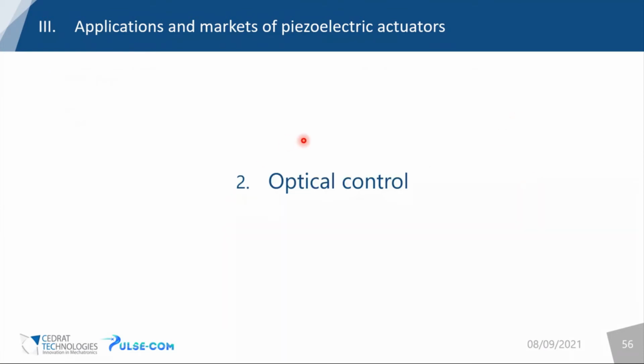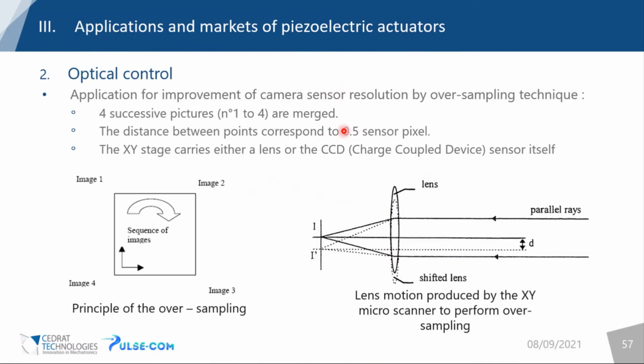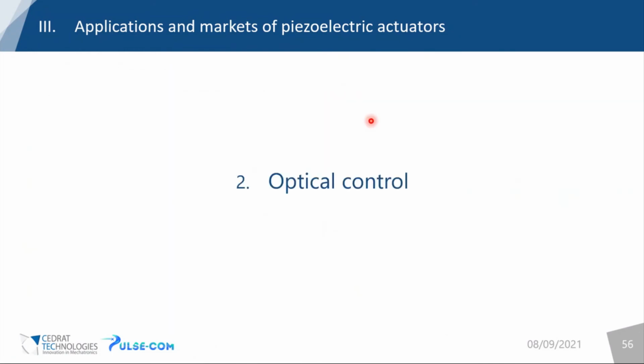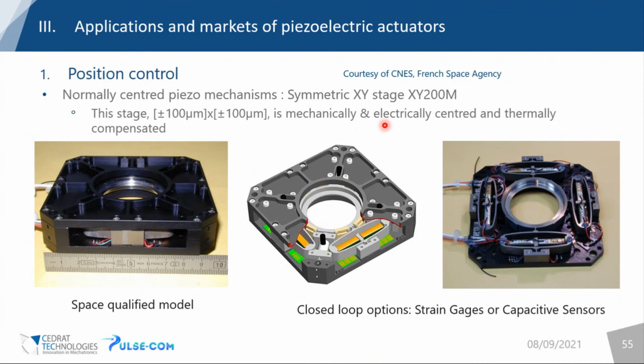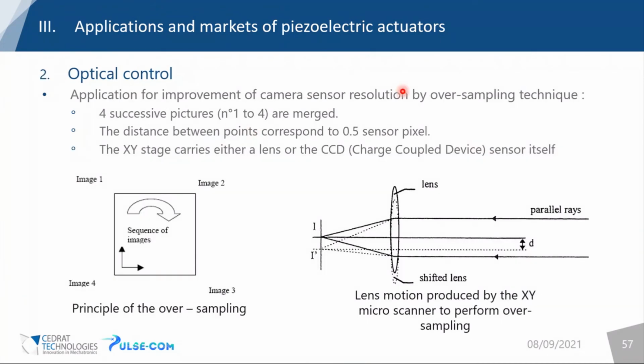Another kind of application would be optical control. For instance, using the same actuator as I've shown here, you can perform the oversampling technique by merging 4 successive pictures that you take while the XY stage moves the lens.